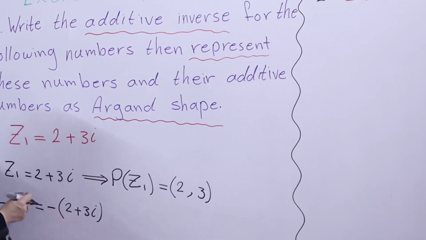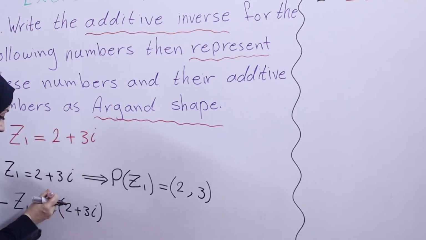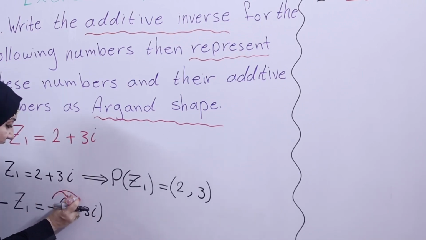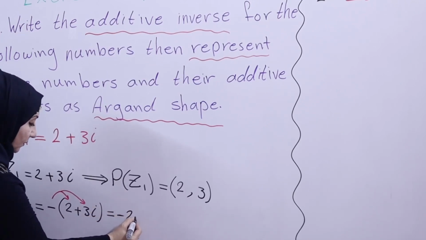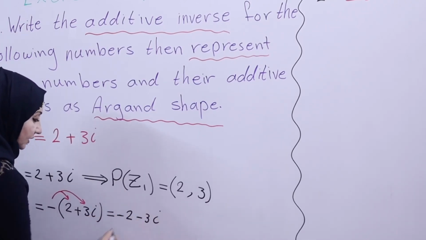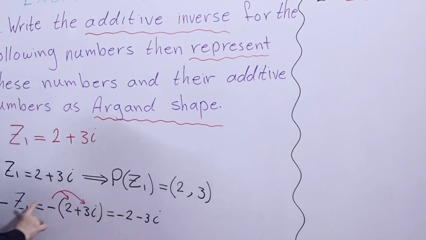So now we can multiply the sign with the two terms. So it will be negative 2 minus 3i. This is the additive inverse for the number Z1.